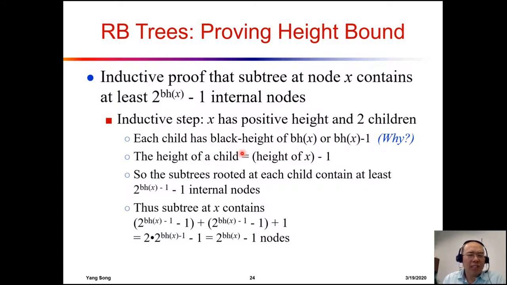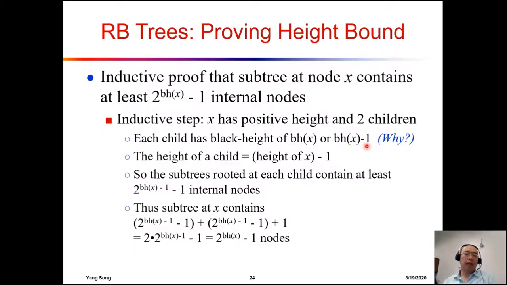Well, the reason is we are painting the colors differently. Depending on the color of the children, if it is a red child, it will have the same black height as the parent, or if it is a black child, the black height will be the black height of the parent minus 1.